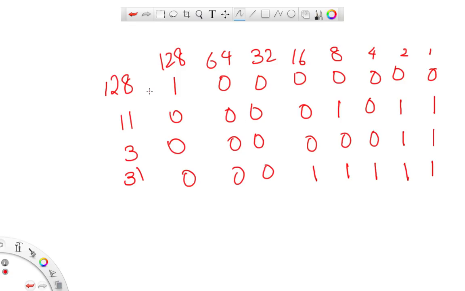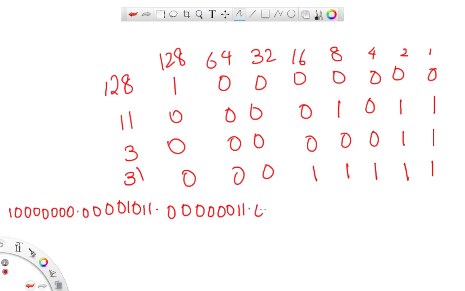So how is the IP address written in reality? It is actually all these binary bits, four octets of 8 bits each separated by dots.